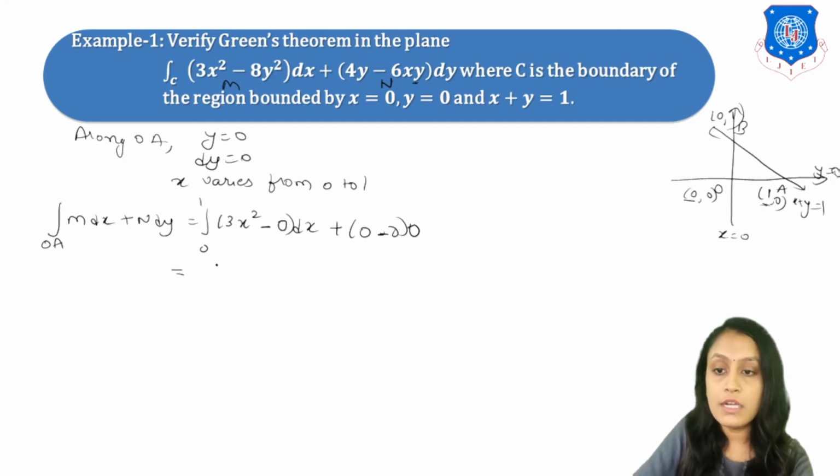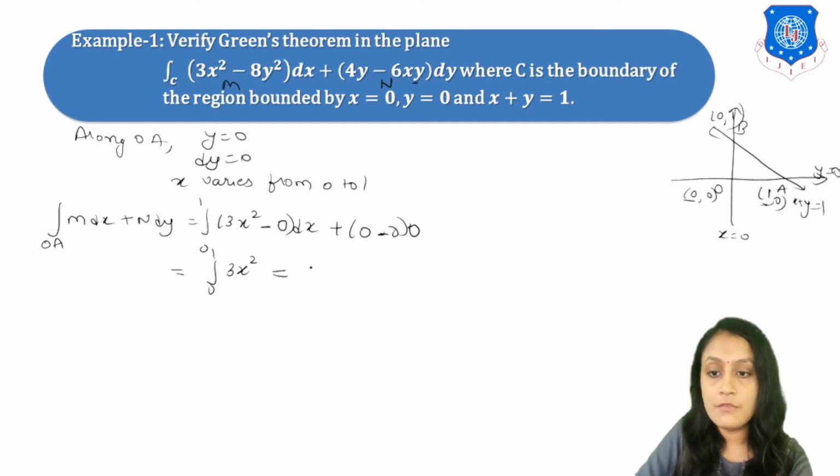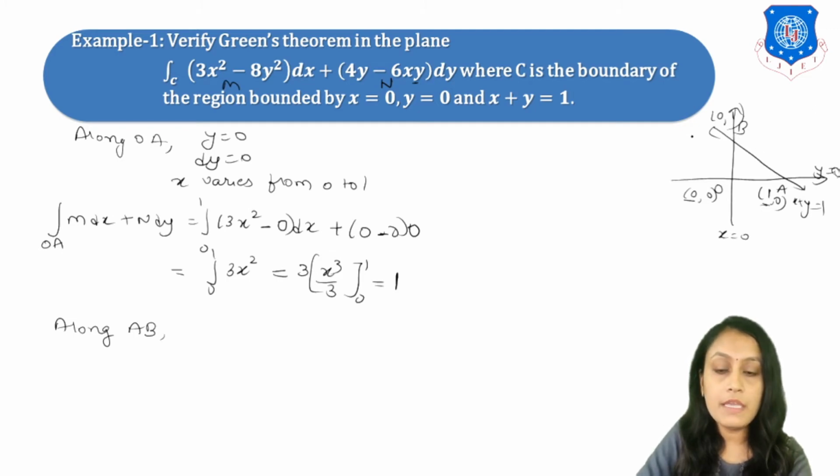So we have only the integral from 0 to 1 of 3x² dx. Just integrate this, so it will give you 3x³ upon 3 with limits 0 to 1. This 3 will get cancelled, so your final answer is 1. Now along AB, we'll find along this AB. Now AB is what?